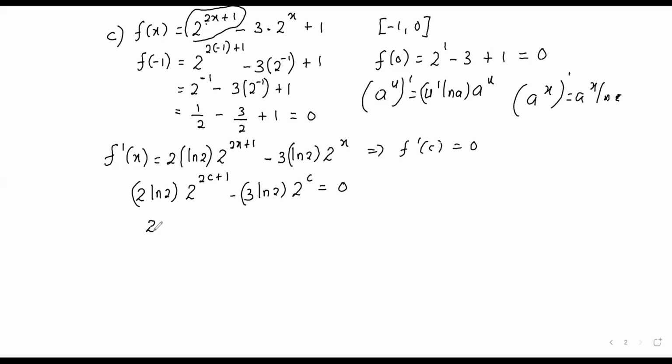We remain with 2 to the power 2c plus 2 minus 3, 2 to the power c equal to 0. Like that. So we have 2 to the power 2, that is 4, and then 2 to the power c squared minus 3, 2 to the power c equal to 0.